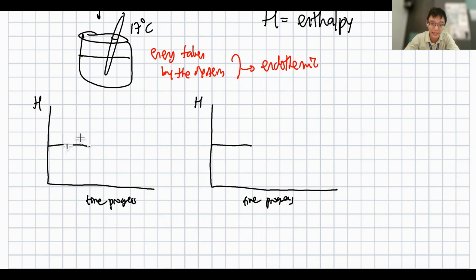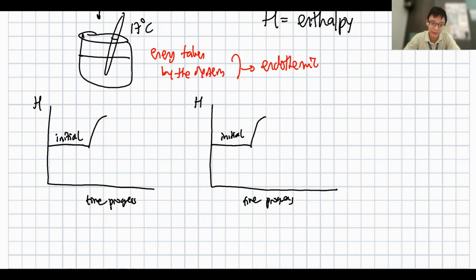So from the initial condition, because of the increase in energy required to start the reaction, the energy level will jump. Now, what will happen after the reaction? The reaction will form a stable product.